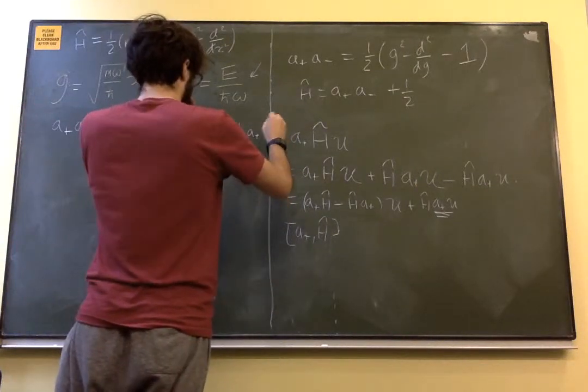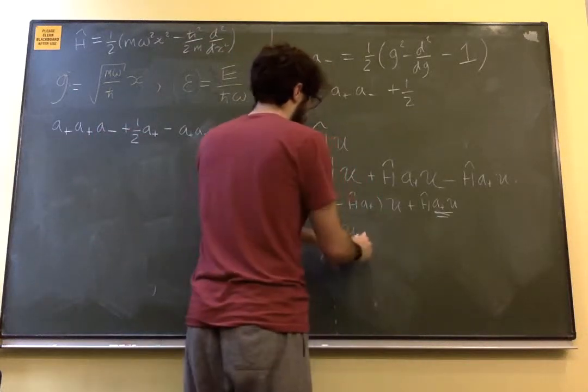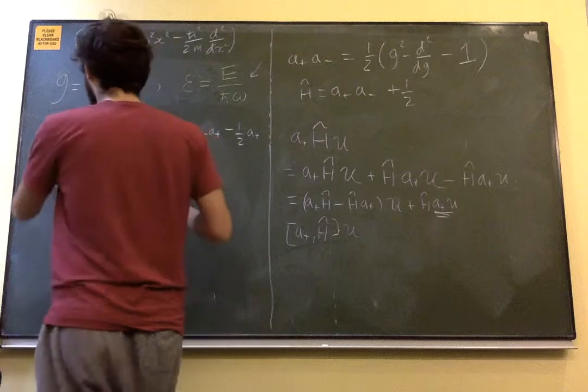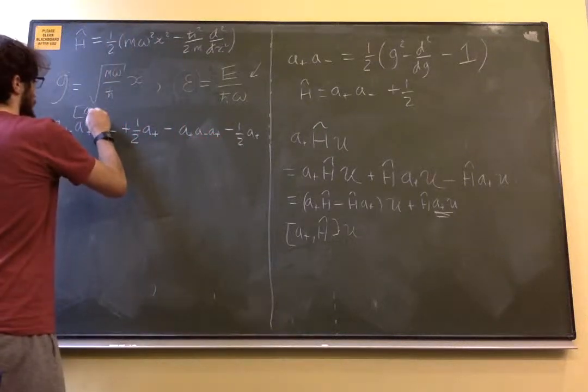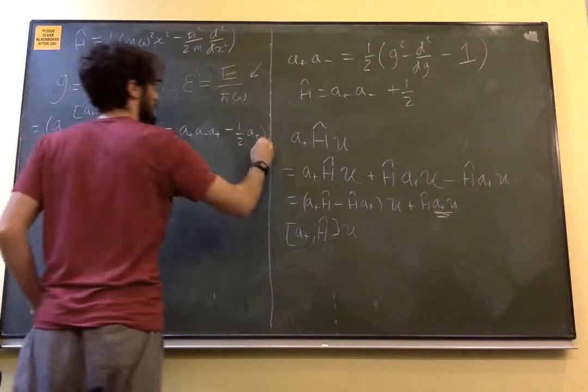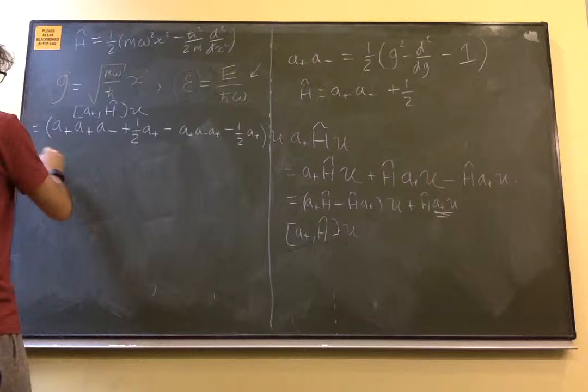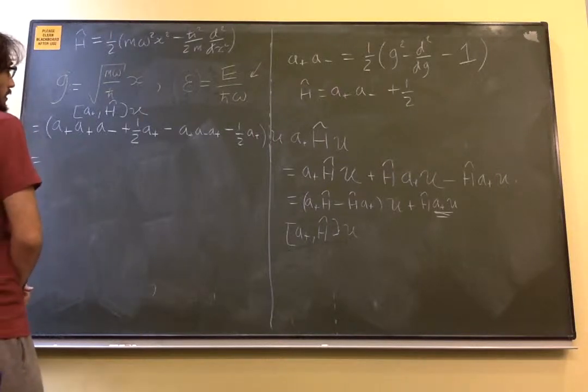Remember, to simplify a commutator, we want to imagine it acting on something. So this thing right here is the commutator, and it's acting on some u. How can we simplify this really nasty looking expression?